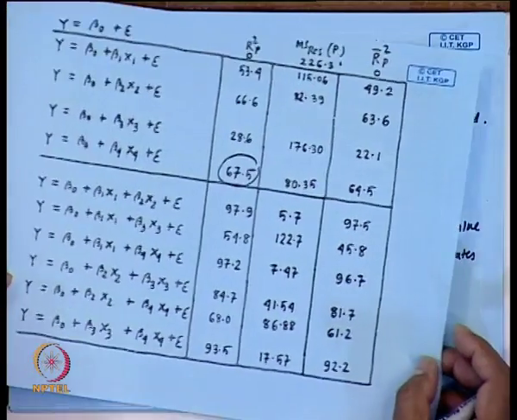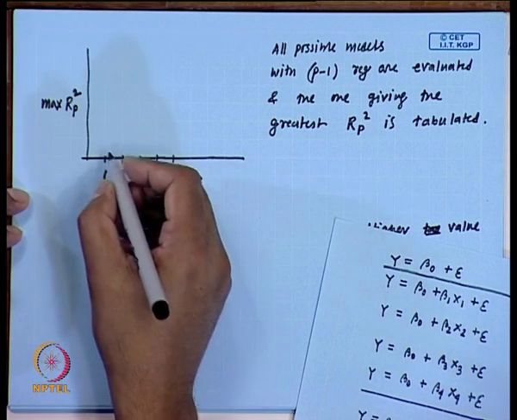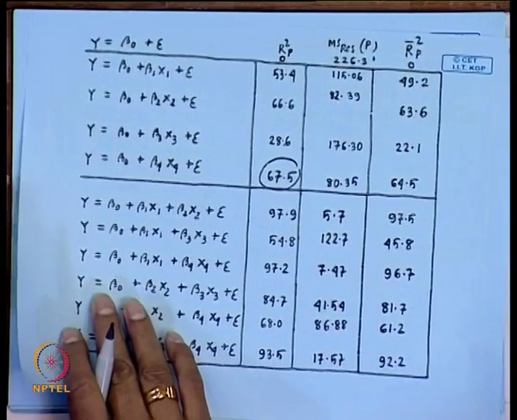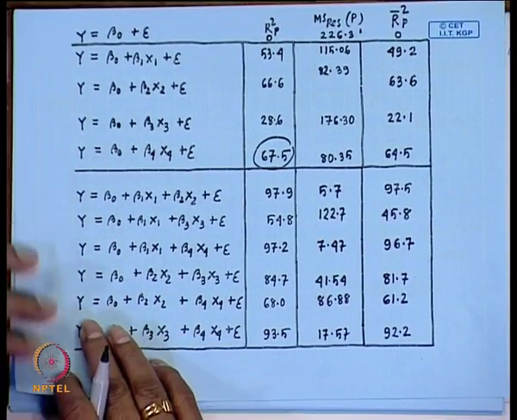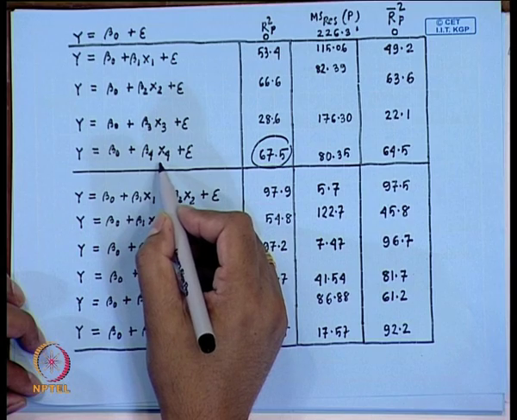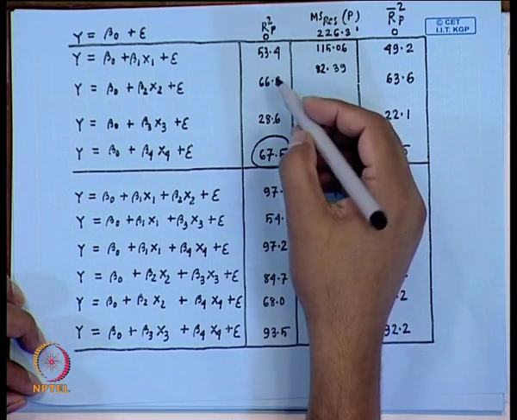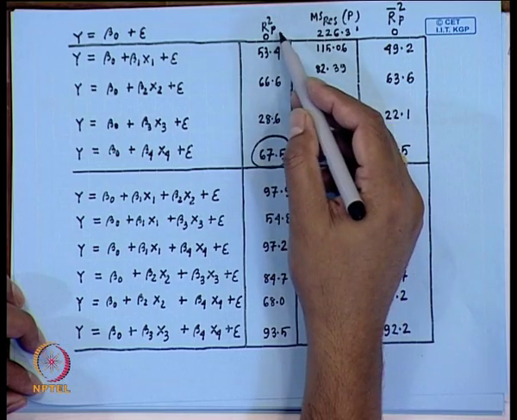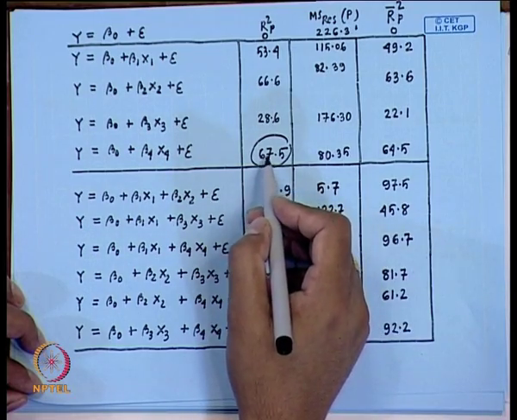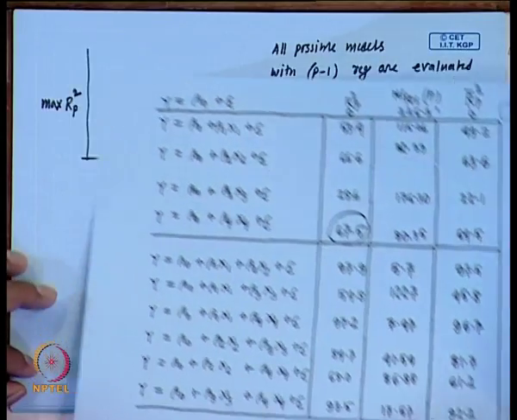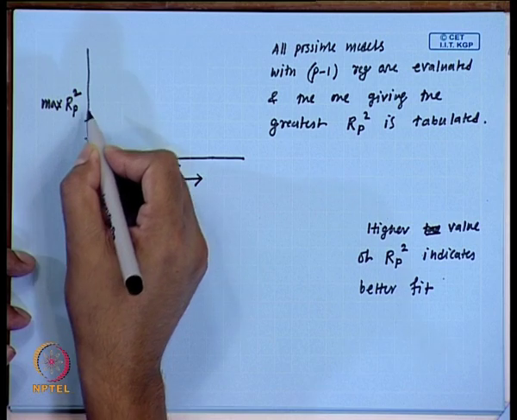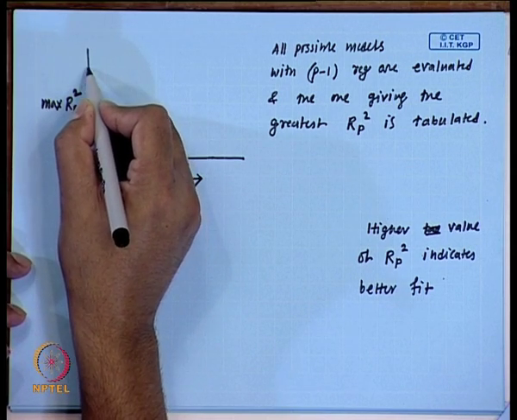Well, so here the maximum R p square is equal to 0. Now, for p equal to 2, p equal to 2 means the number of regressors in the model is equal to 1. So, out of these 4 models, the maximum is 67.5. So, we will tabulate this one 67.5. Okay, suppose this is 20, 30, 40, 50, 60.